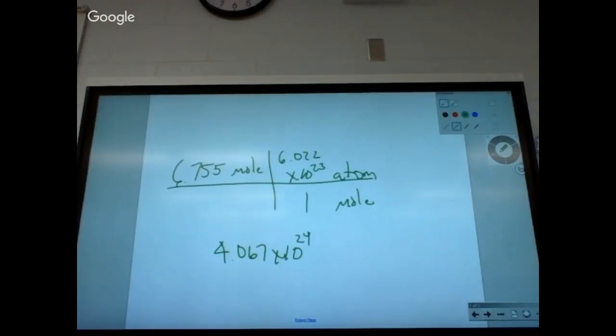So the neutrons would be different, but the masses of 12 and 14 could be different. But carbon is always going to have the same atomic number of 6. So that can't change. They all have a proton or atomic number of 6.